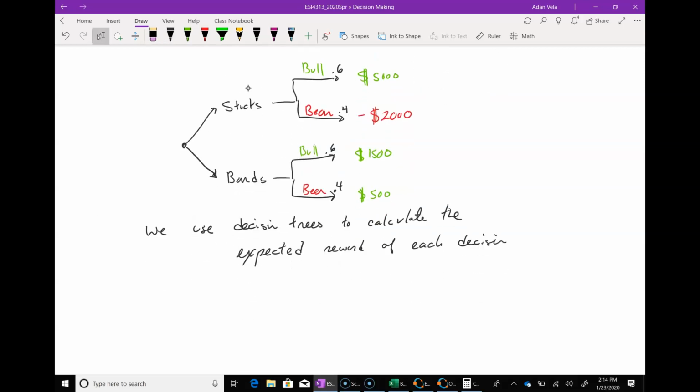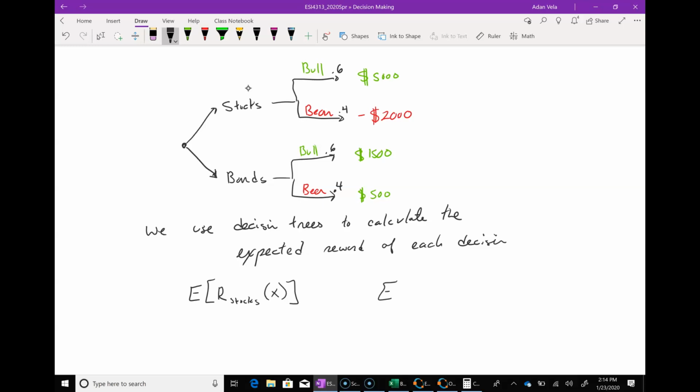So what I mean by that is we're going to say, well, what's the expected reward if we invest in stocks? And I'm going to just put a variable x right there for now.